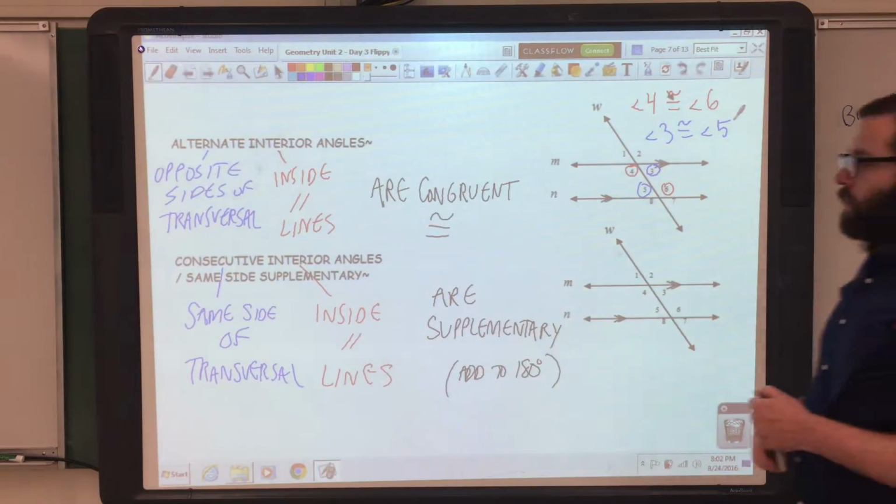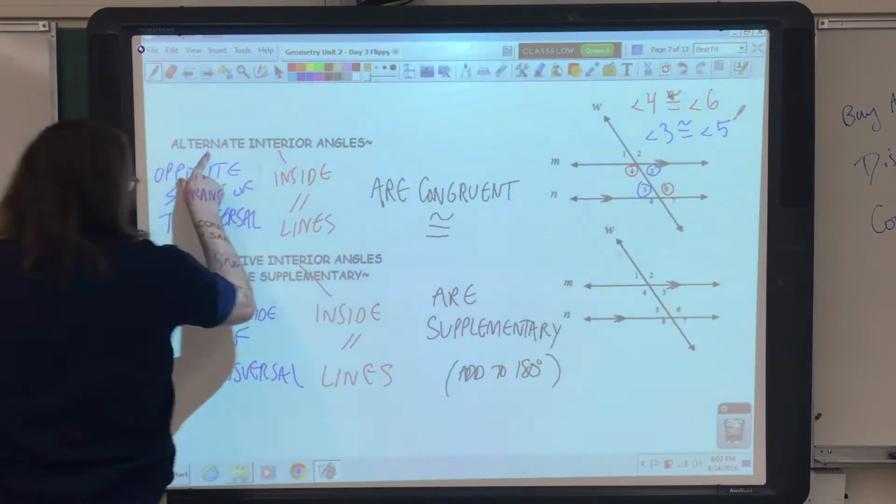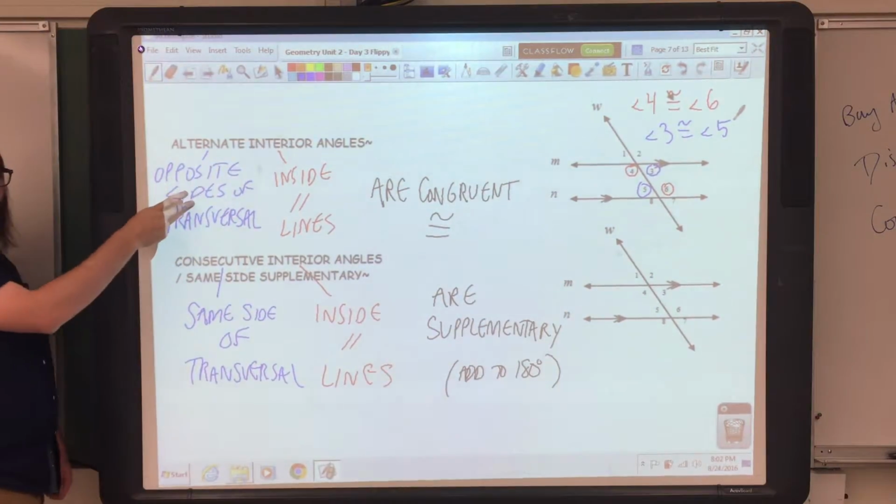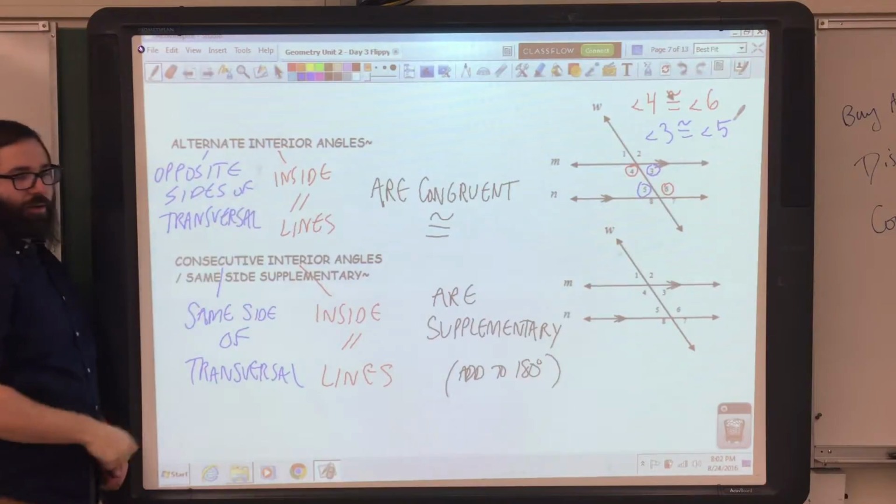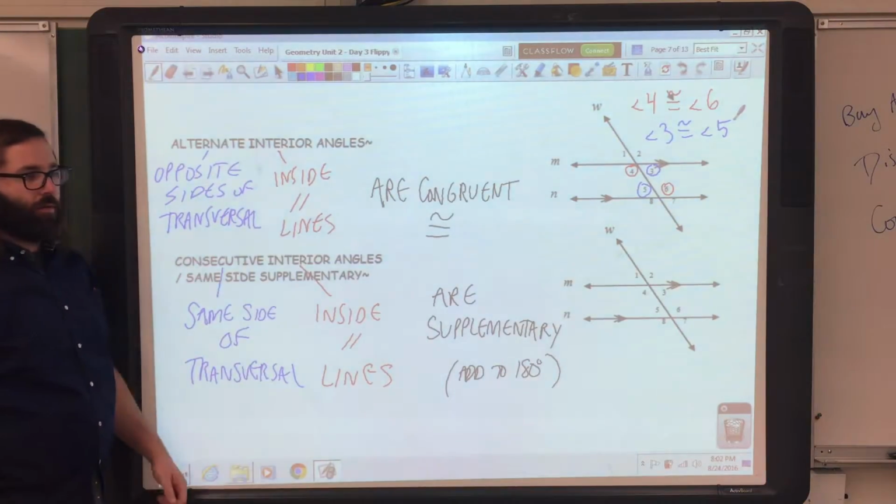Okay, so alternate interior. Opposite sides of transversal, inside your parallel lines. Congruent.